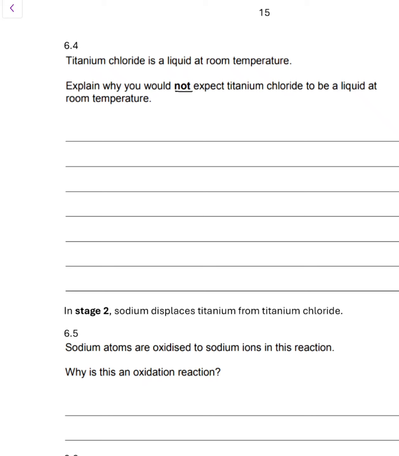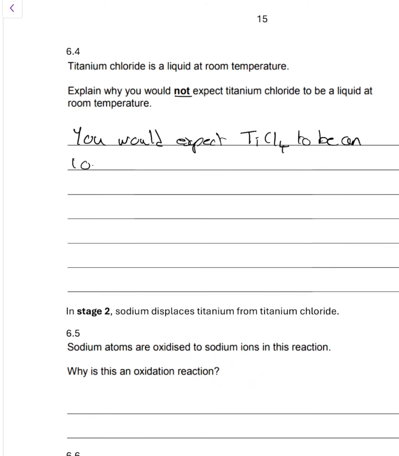Why? Because it's got a metal and a non-metal. So you would expect TiCl4 to be an ionic compound. That's straight away 1 mark. You would expect it to be an ionic compound.